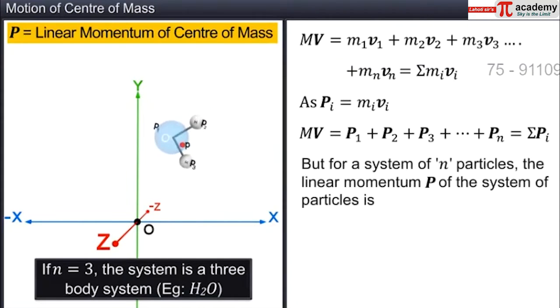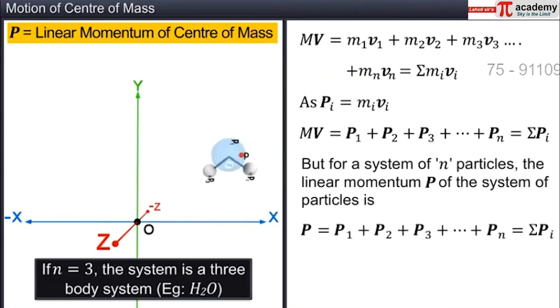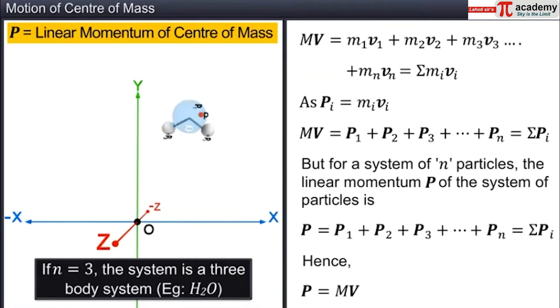For a system of n particles, the linear momentum p of the system is p1 plus p2 plus p3 and so on, plus pn, which is equal to sigma pi. Hence, p is equal to mv. Let this be equation 4.